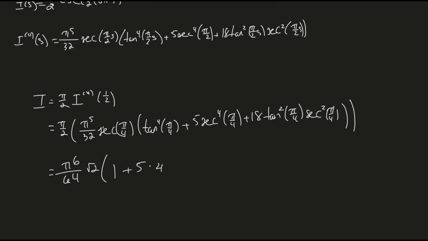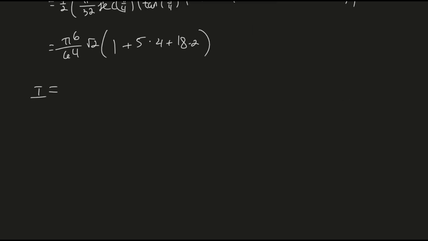So 5 times 4 plus 18 times, again, tangent of pi/4 is just 1, and secant squared of pi/4 is 2, because we take the square of √2. So we have 18 times 2. We have √2 over 64 times pi to the 6th times 5 times 4, 20.